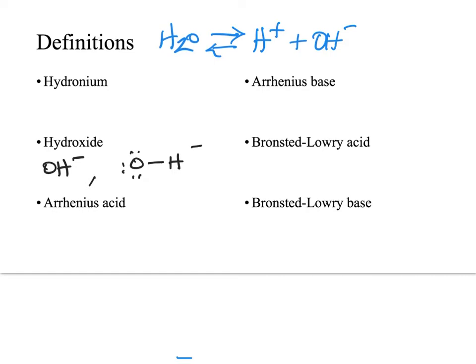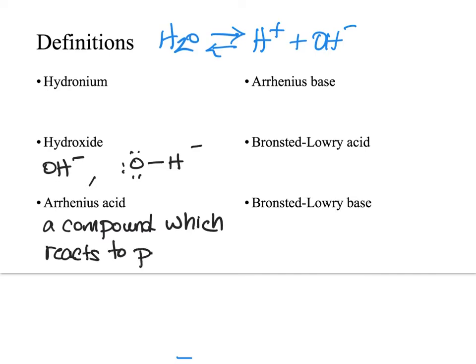There are two different common definitions for acids and bases. The first is the Arrhenius acid. This is defined as a compound which reacts to produce hydronium in aqueous solutions.